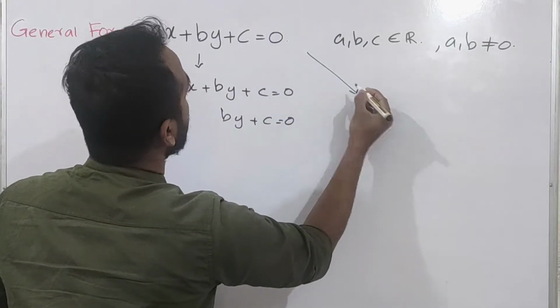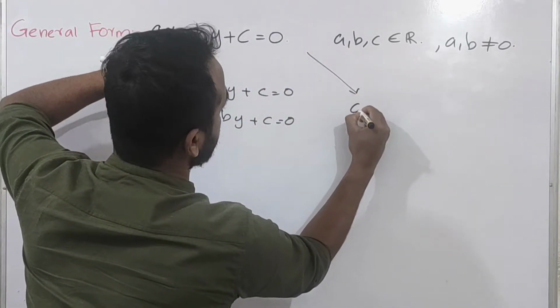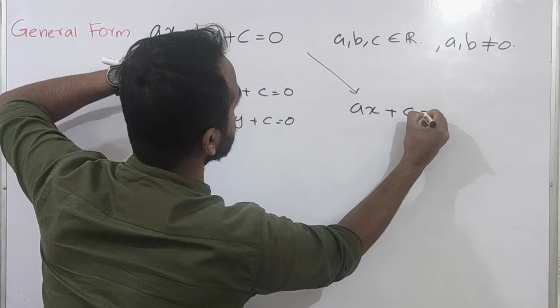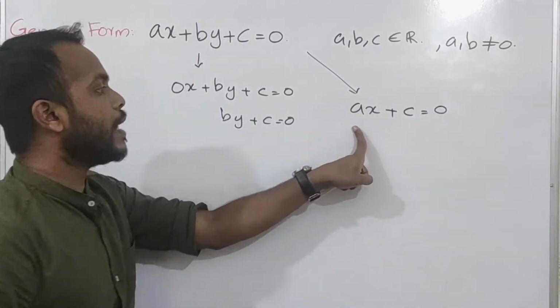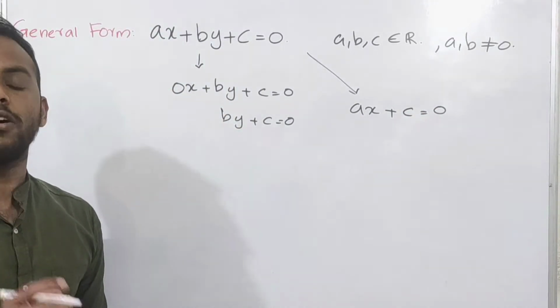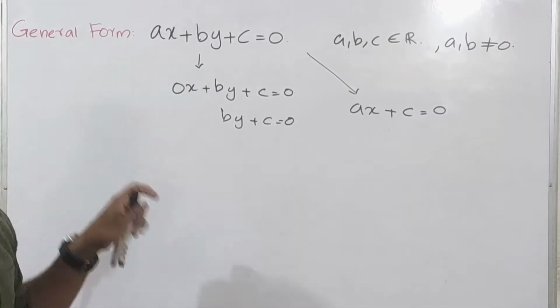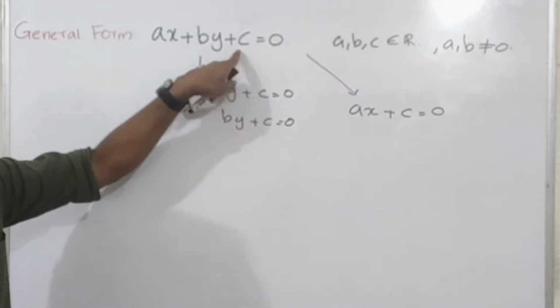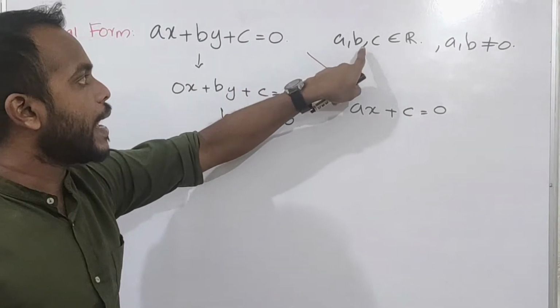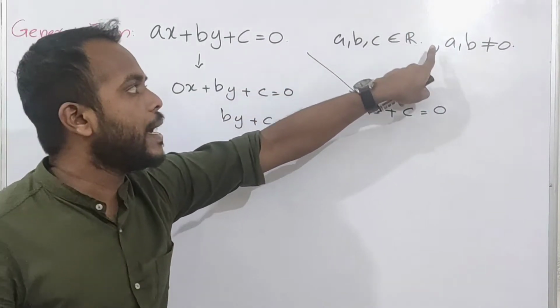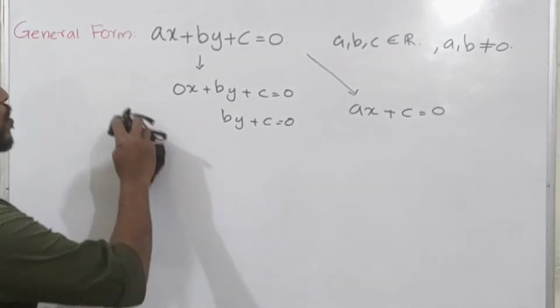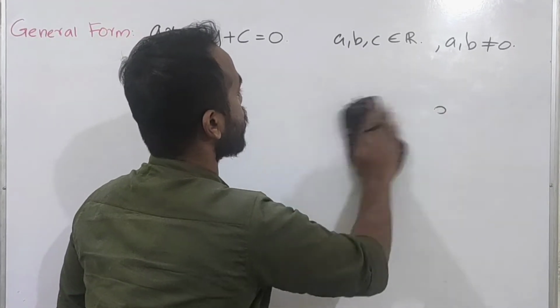Now if you have b as 0, then the equation will become ax plus c is equal to 0. This will again become a linear equation in one variable. So the general formula is ax plus by plus c is equal to 0, where a, b, c are real numbers and a and b should not be 0. So this is how the general formula looks.